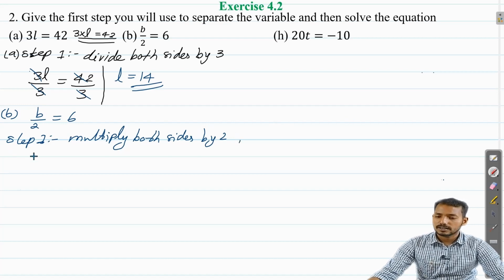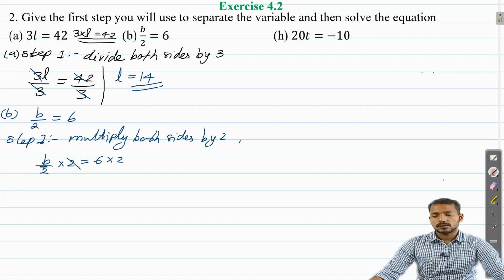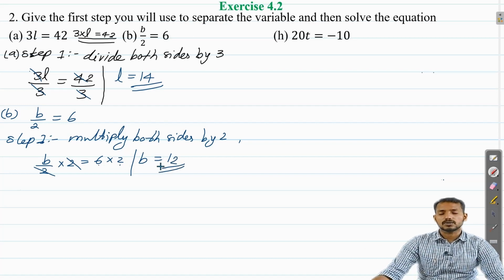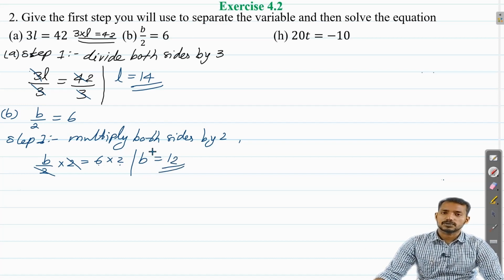What will we get? B divided by 2 into 2, which is equal to 6 into 2. 2 cancels. We will get B is equal to 6 into 2, which is 12. Very simple. B is equal to 12. That is the solution of this equation.